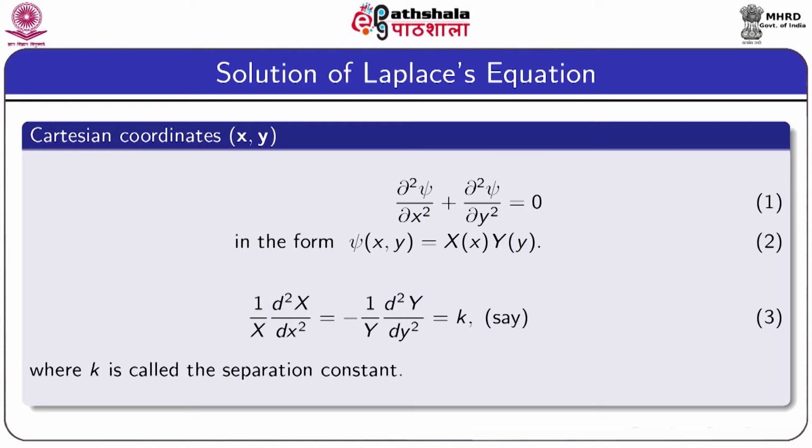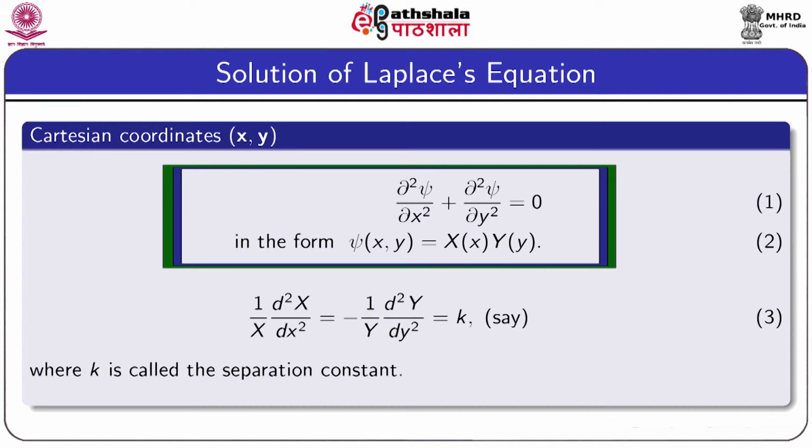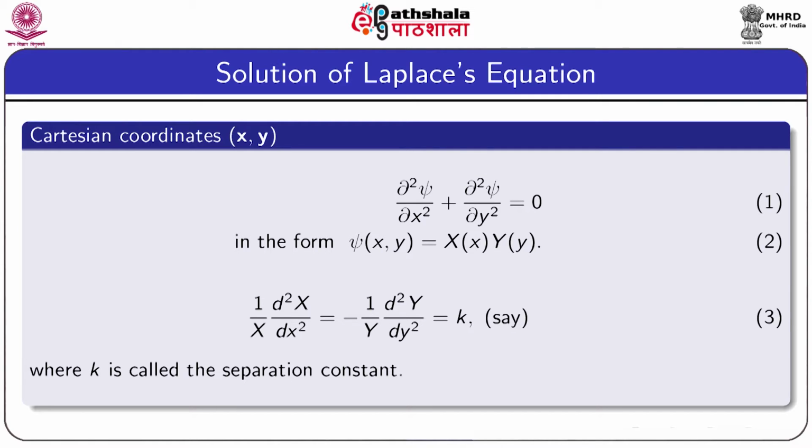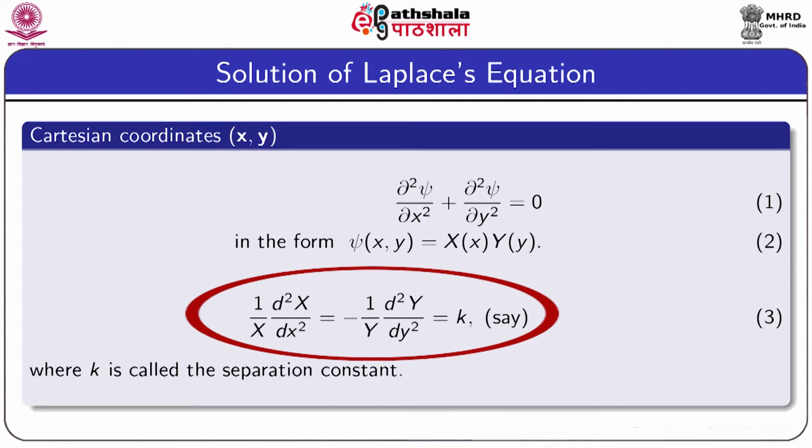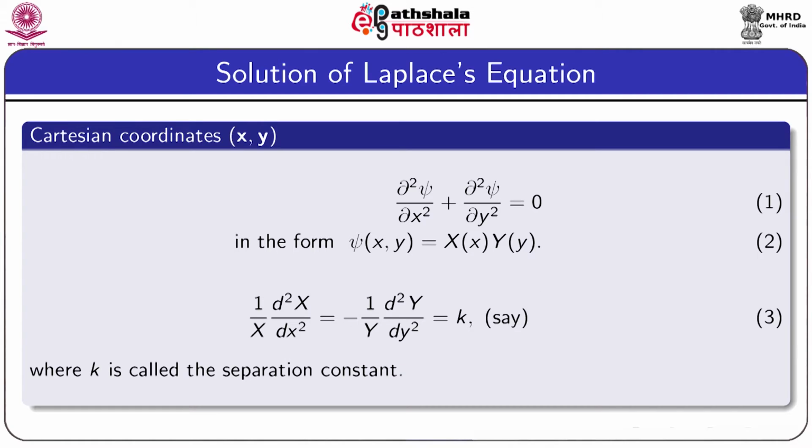So, assuming the solution in the form written in 2, if we substitute this expression in equation 1, equation 1 can be written in the form written in equation number 3. That means (1/X) d²X/dx² is equal to minus (1/Y) d²Y/dy², which is equal to, let us say, a constant k, where k is called the separation constant.